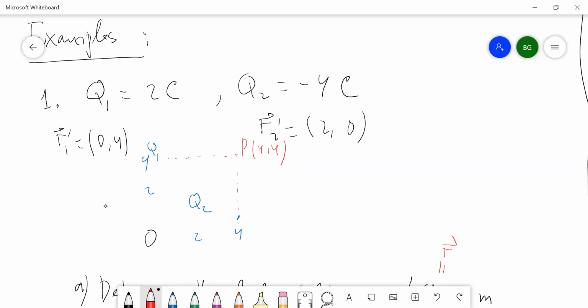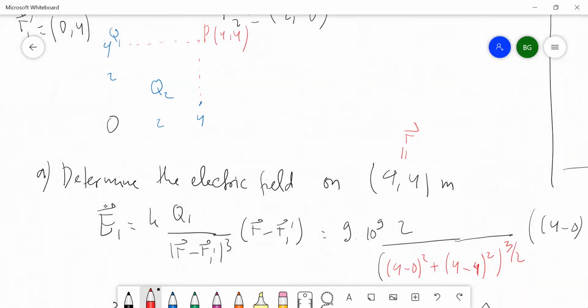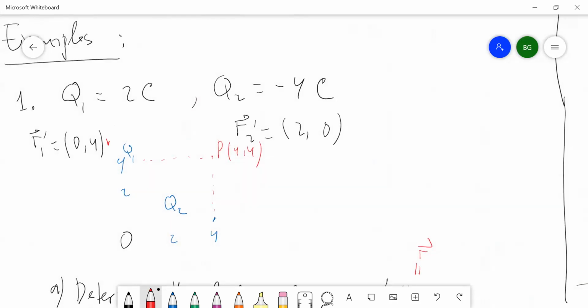The position vector of Q1, R1 prime, is (0, 4). And Q2 is at (2, 0), as in the picture. So determine the electric field at (4, 4) meter. Also, there is a unit here: this is meter, also this is meter.